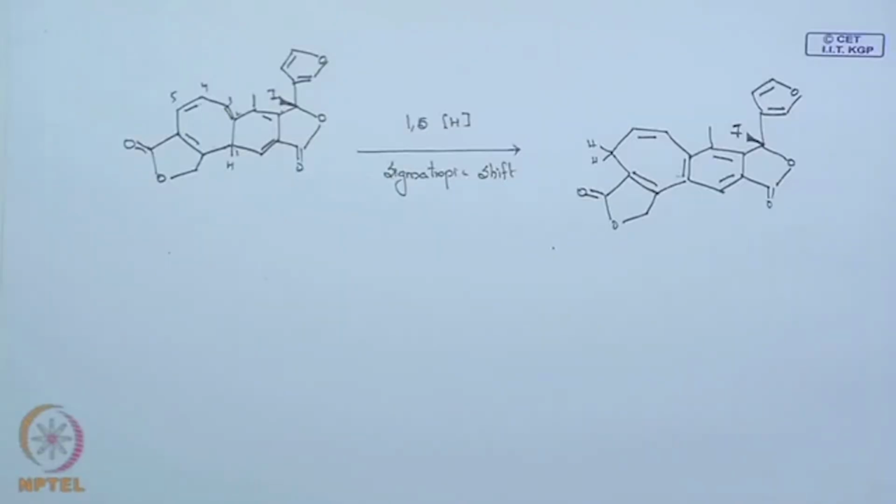First, on heating it does an electrocyclic ring opening, then it undergoes a [1,5] hydrogen sigmatropic shift to give me this product. See how nice it is. This is the rearrangement of benzonorcaradiene into benzocycloheptatriene.